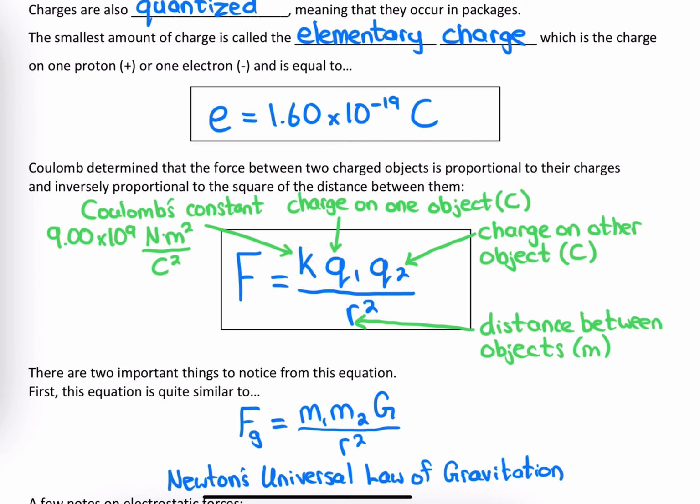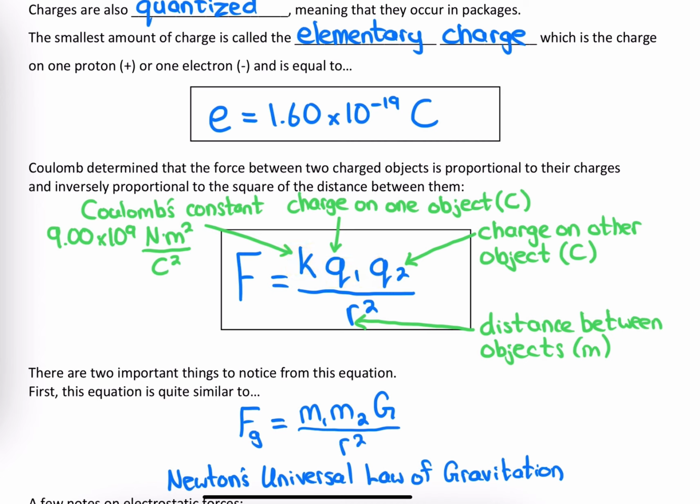So what that means is don't use plus and minus signs when you sub numbers into this equation. If Q1 has a positive polarity, don't make a point of writing a positive sign beside that charge. If Q2 has a negative polarity, don't make this a negative number when you plug it in. Just plug in the amounts, right?